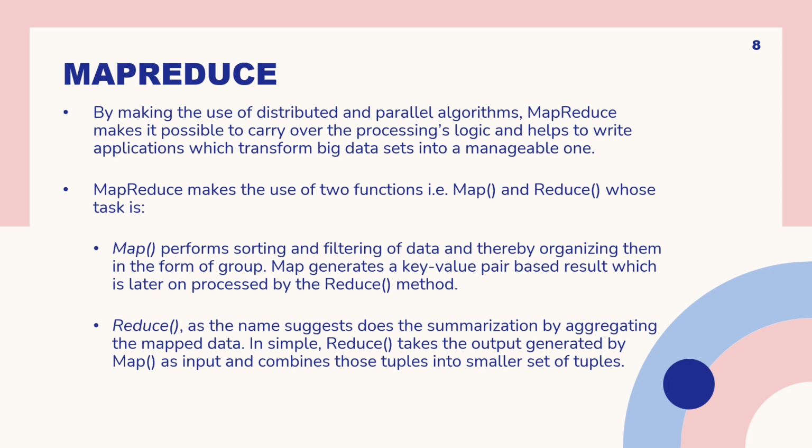First, map performs sorting and filtering of data, thereby organizing them in the form of groups. Map generates a key value pair based result which is later processed by the reduce method. Second is reduce. As the name suggests, it does the summarization by aggregating the mapped data. In simple terms, reduce takes the output generated by map as input and combines those tuples into a smaller set of tuples.